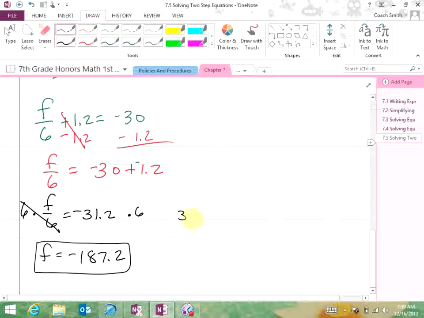Remember, all you're doing here is this right here. That would be 2, carry my 1, be 7, 18. I have 1 decimal place, 0 decimal places for a total of 1. Take the decimal, move it 1 place to the left, and that's where you get the 187.2.